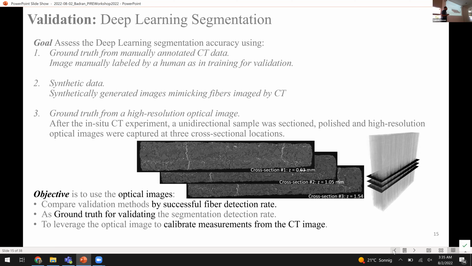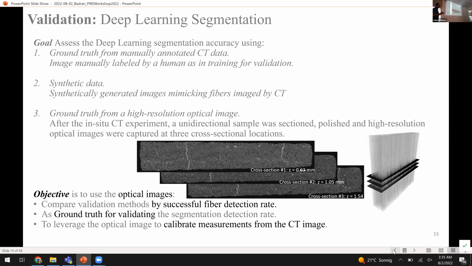The second way is just to use synthetic data, where we know where every pixel is, and no one has to really manually highlight those pixels. And then the third is using ground truth from high resolution optical images.